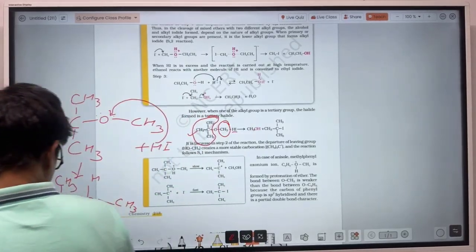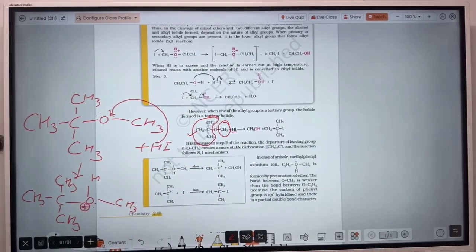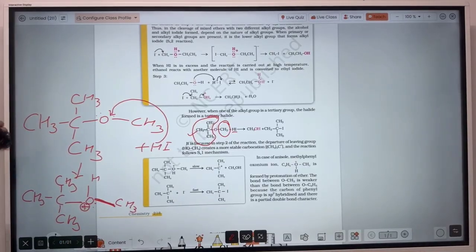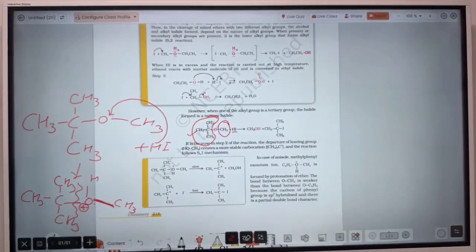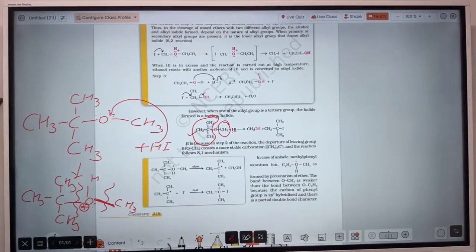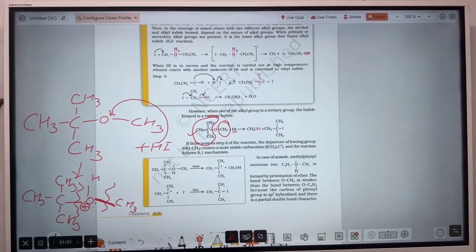Then the challenge is, the bond will dissociate from here or from here. From where will the bond dissociate? Watch out here, if the bond dissociates from here, there will be formation of a tertiary carbocation, which will be stable. But if the bond dissociates from here, then there will be formation of a primary carbocation.